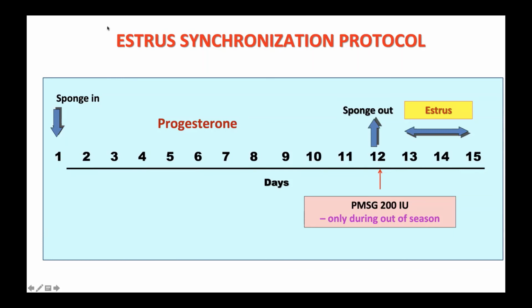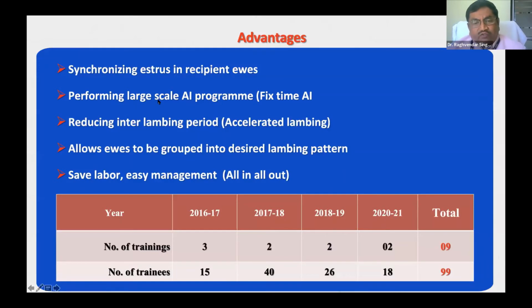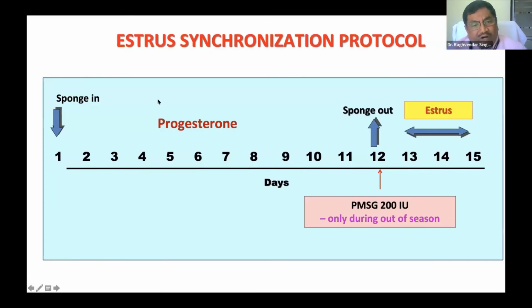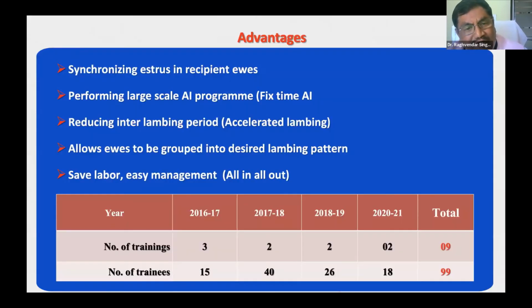The progesterone mimics the progesterone in the uterus, and it continues up to the day when you take out the sponges, and then all the animals come into heat together.